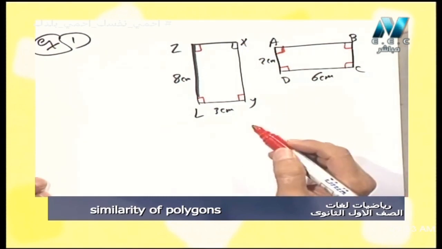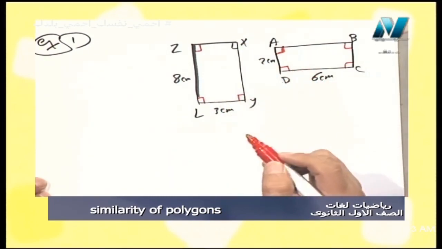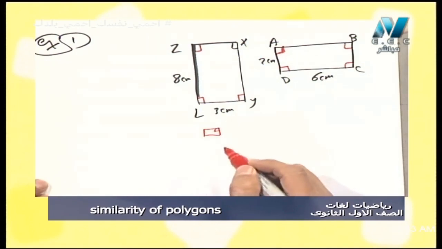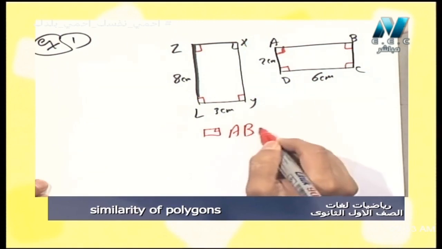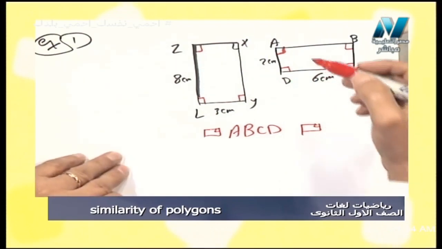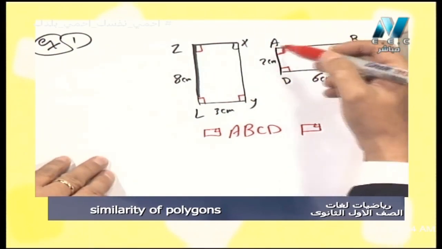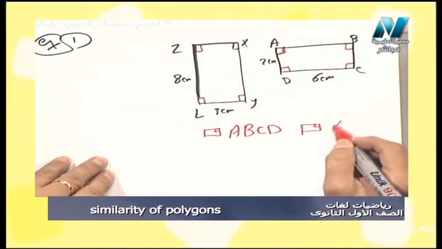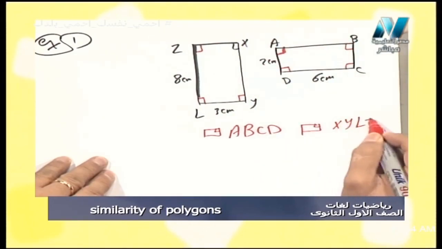Try to write these two rectangles by the method we said: the rectangle ABCD and the other rectangle. Look carefully at AB. AB is the long side, the length, so say XY, XY, LZ.